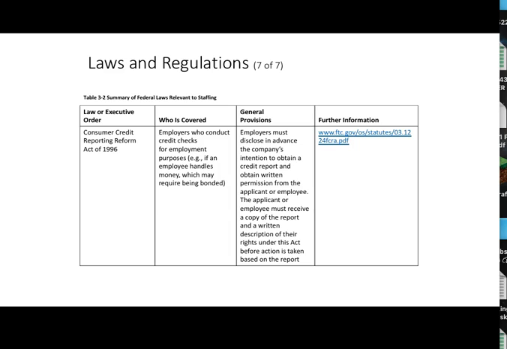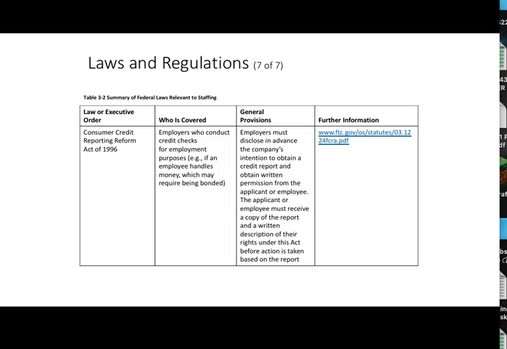Now, employers have to disclose in advance that the company intends to obtain the credit report and get written permission. If you do not get written permission from the employee, you may not get their credit report. The person is then entitled to get a copy of their credit report, especially if there is an adverse hiring decision. For example, the person applies, they have bad credit, you refuse them employment.